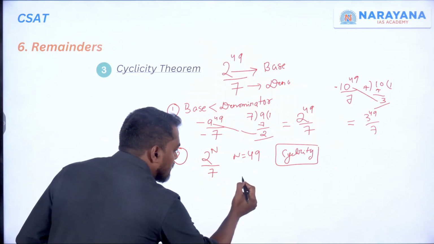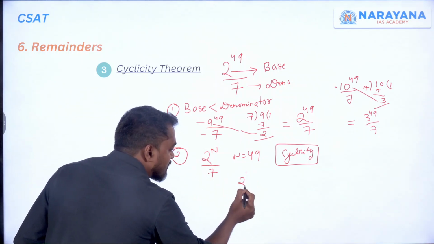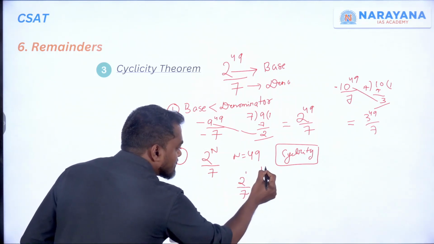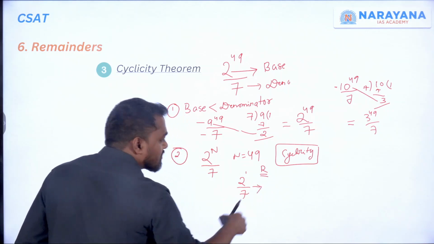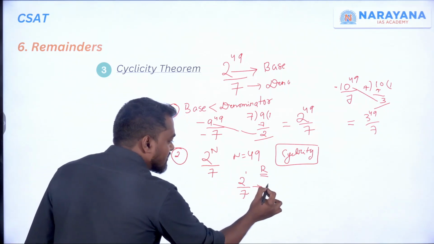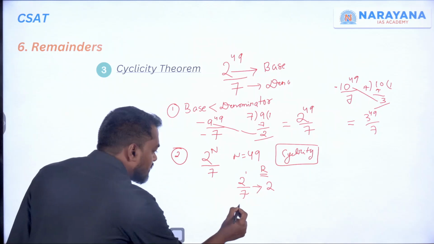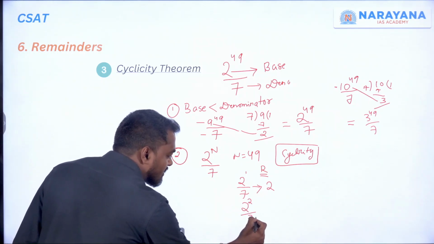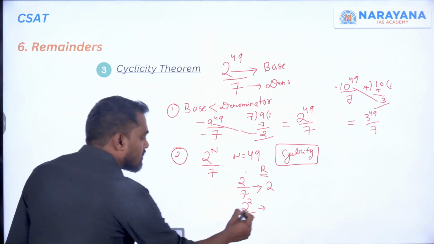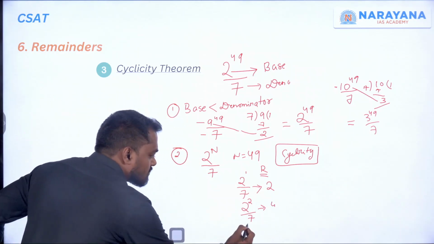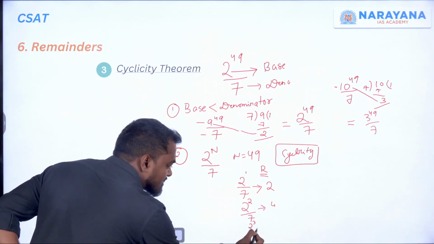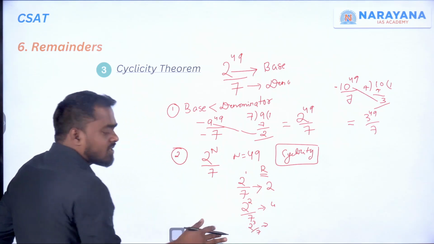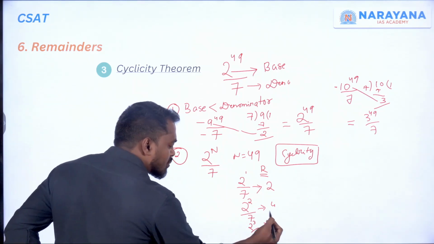For example, if you substitute 1, 2 to the power 1 by 7, what is the remainder? 2 to the power 1 by 7, 2 is the remainder. If you put 2 for n, 2 squared by 7, the remainder is 4. If you put 2 cubed by 7, 2 cubed is 8, the remainder is 1.